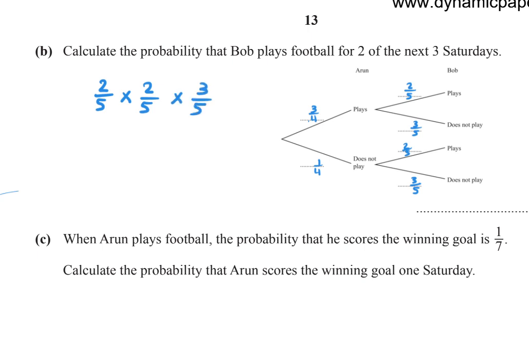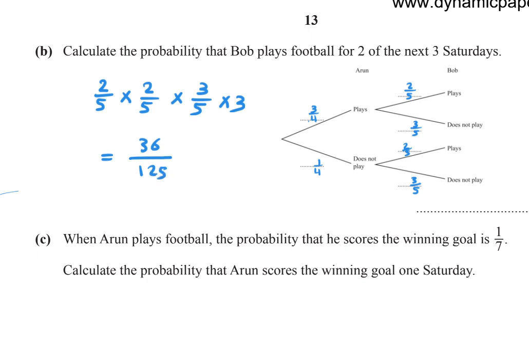But because the order matters, you have to multiply by 3, because the week he will not play may be the first week or the second week or the third week. So the answer will be 36 over 125.